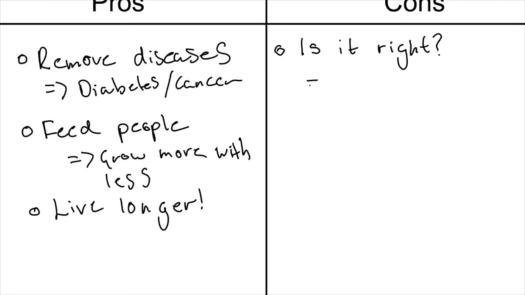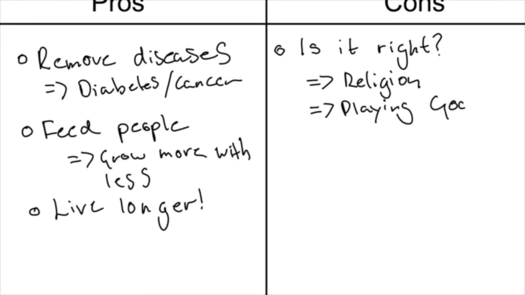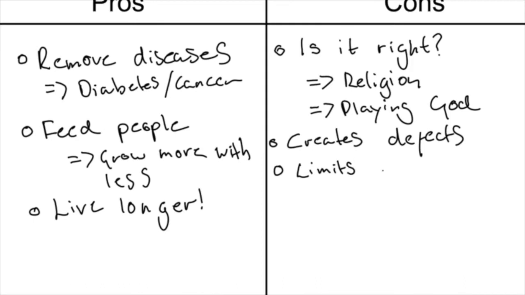Looking at the negatives then, the major one is, is it right to do this? Religious people would argue that we are playing God when we genetically modify creatures, and that we are causing issues with the overall balance of the world by creating organisms that shouldn't be there. And as we looked at right at the start, this doesn't always work, and we can create defects, we can create problems that might reduce the quality of life.